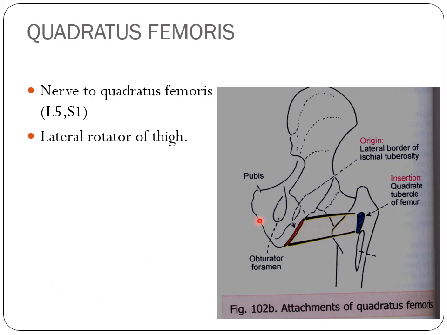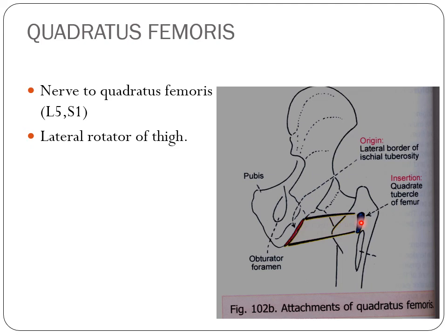Now quadratus femoris. See the origin and insertion of this quadratus femoris. It is a rectangular muscle. Its upper border lies edge to edge with gemellus inferior, and its lower border with the upper margin of adductor magnus. Its origin is a linear origin from the external surface of the ischial tuberosity, its lateral border and the external surface of the ischial tuberosity. Its insertion is the quadrate tubercle of the femur, so therefore it is named quadratus femoris.